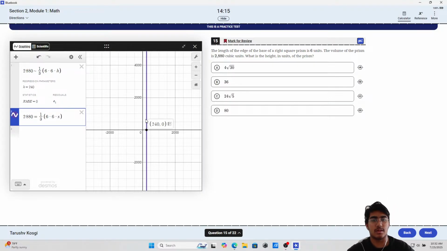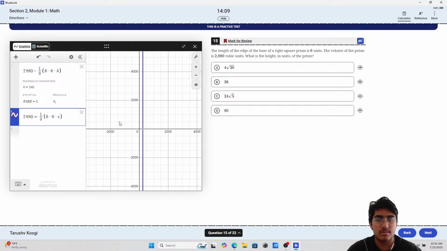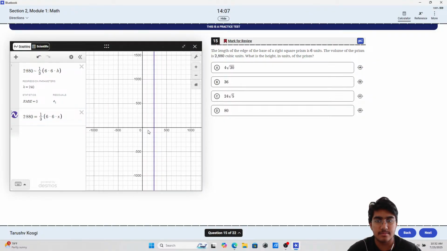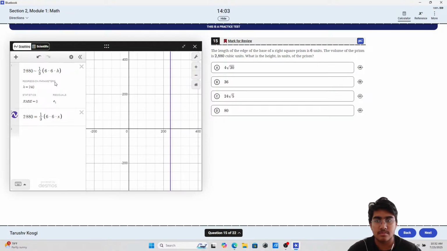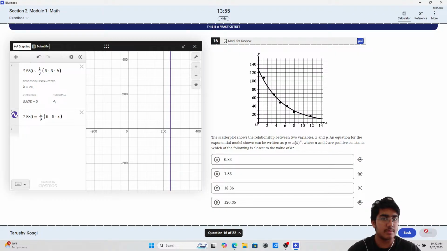That's also just a line. It's not a graph of any sort. I mean, it really seems like it's 240, but it seems like I'm wasting my time on this question now.